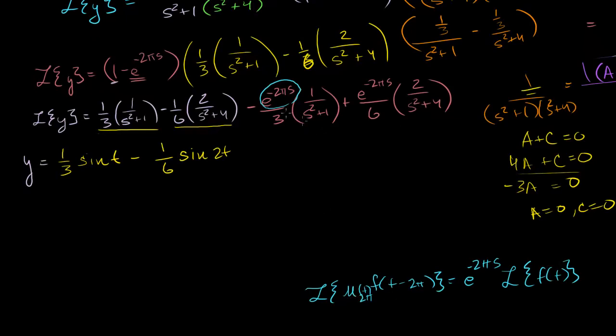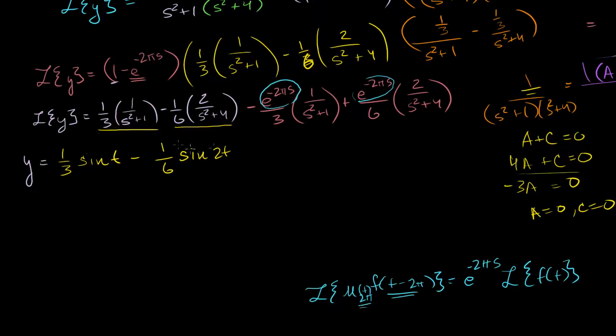If you didn't have this guy here, the inverse Laplace transform of this guy would be the same thing as this guy. It'd just be sine of t. Inverse Laplace transform of this guy would be sine of 2t. But we have this pesky character here, which essentially, instead of the inverse Laplace transform just being our f of t, it's going to be our f of t shifted by 2 pi times the unit step function where it steps up at 2 pi.